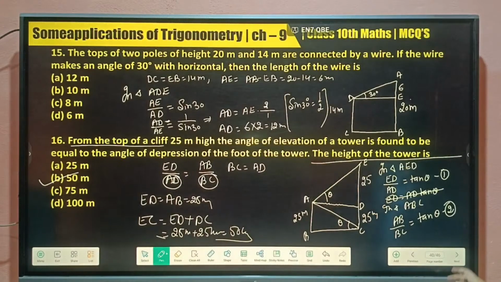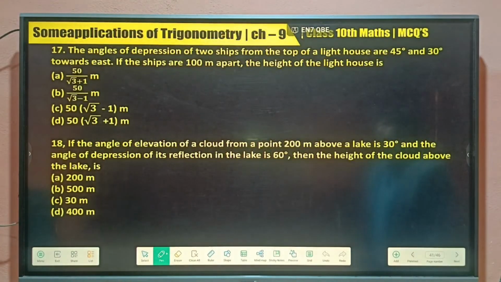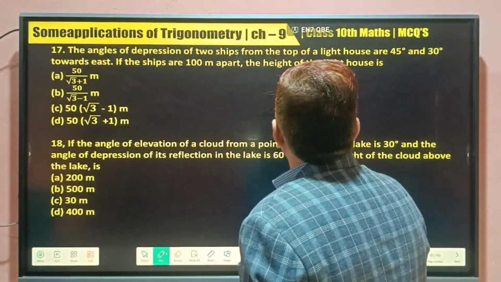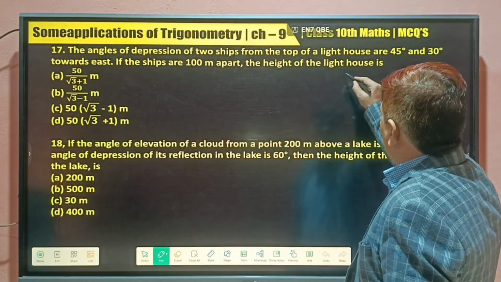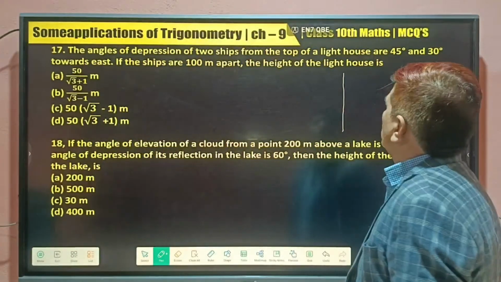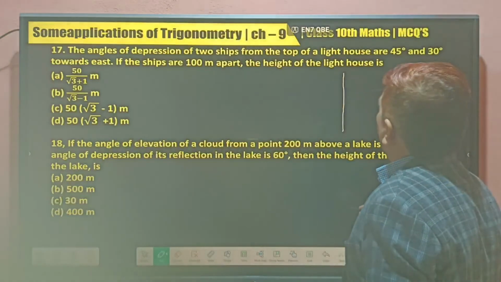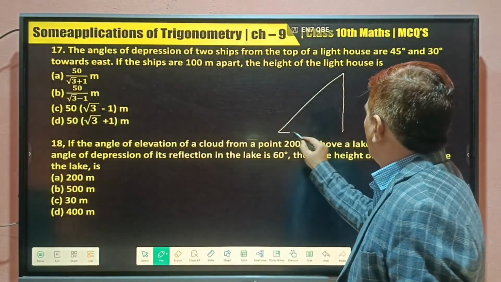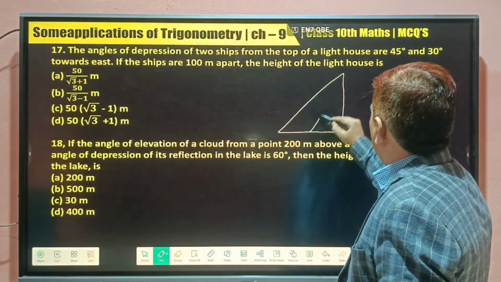Got this? The angle of depression of two ships from the top of a lighthouse. So again same type of question. This is a lighthouse. And 140 and 35 toward east in one side. This making, and one is this.